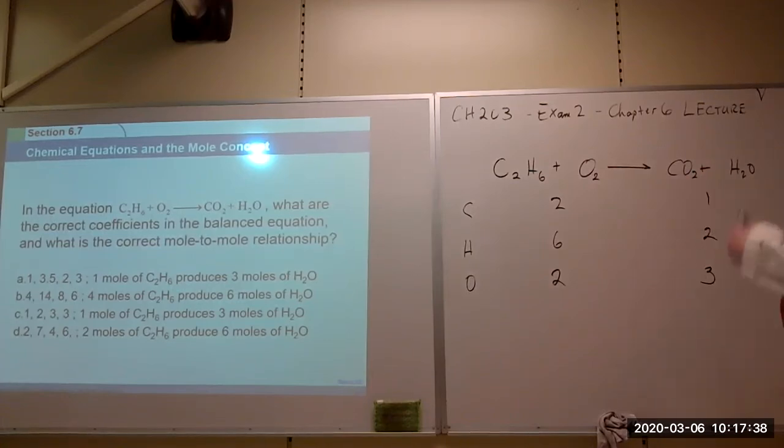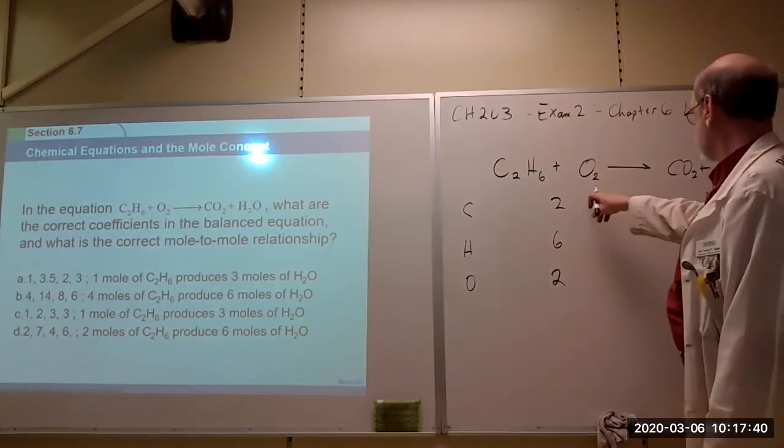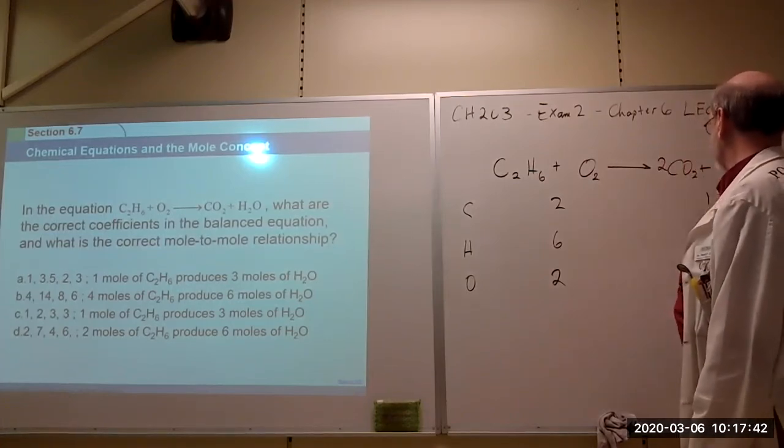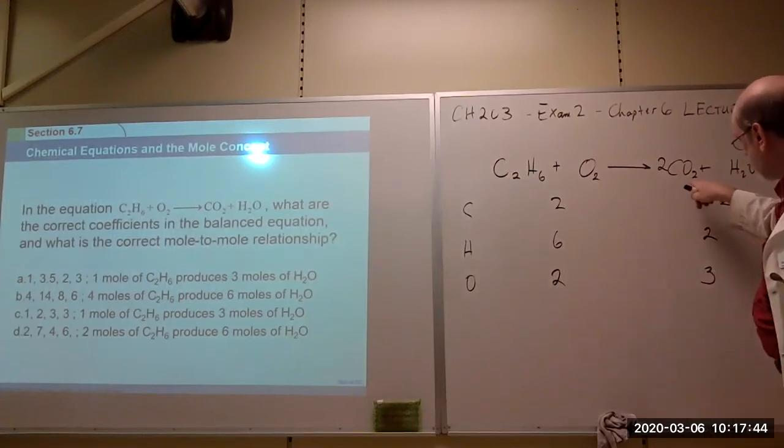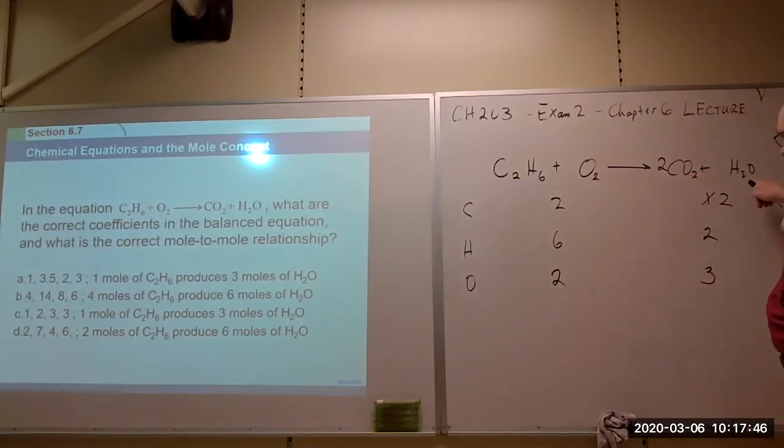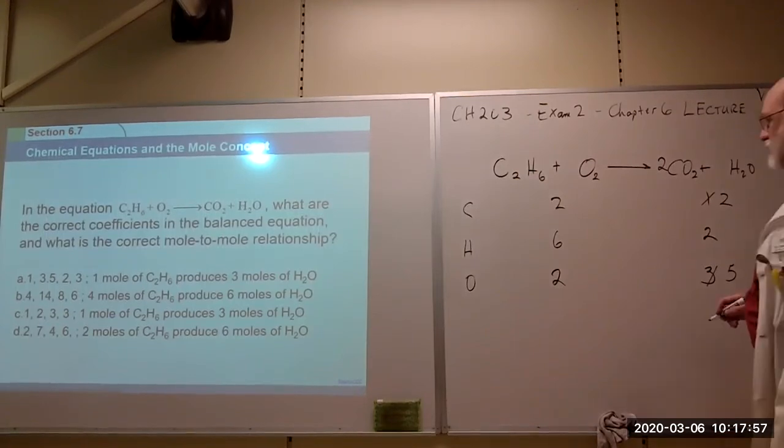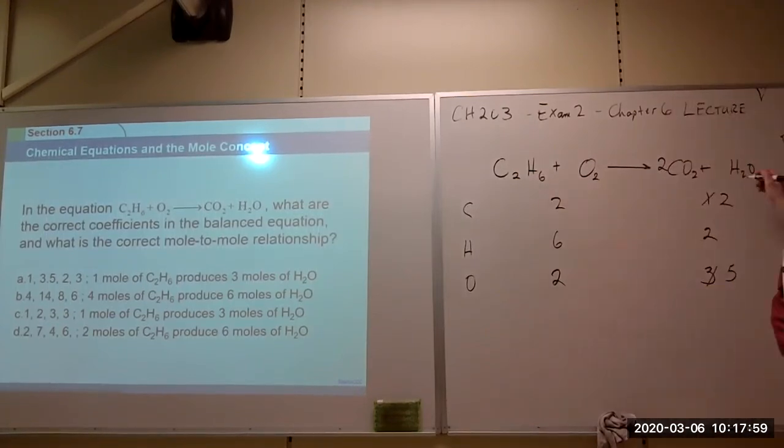Okay, so we'll just start at the top. 2 carbons we need over here. That's 2 there. But that gives us 5 oxygens, right? Is that true? Yeah, that's true. How about hydrogens? We got 6 here, and we need 6 here. So what if we say 3 gives us 6 hydrogens there?